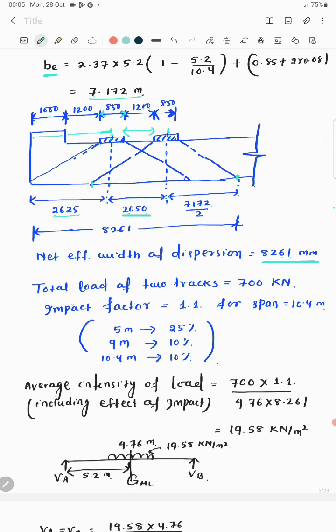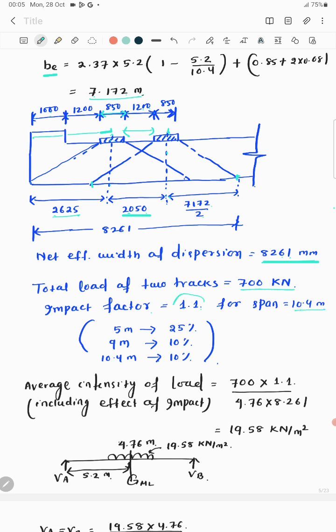And as we know, for IRC class A tracked vehicle, for two tracks, the total load is 700 kilonewton. And if you consider the impact factor, which is coming to be 1.21 for span of 10.4 meters.